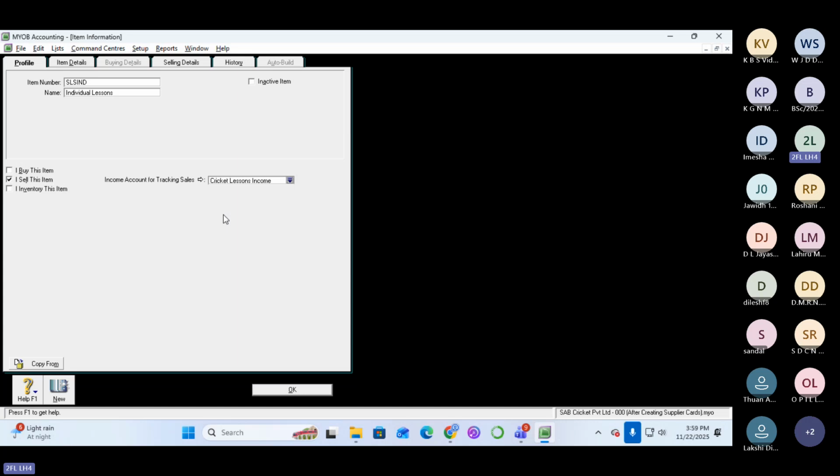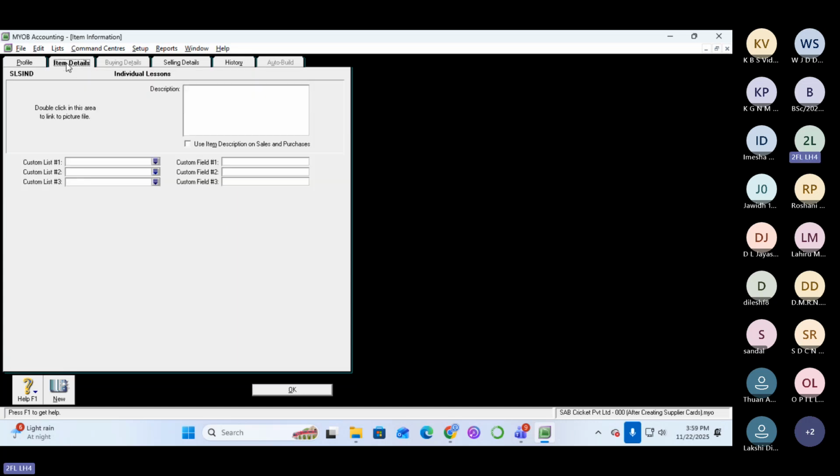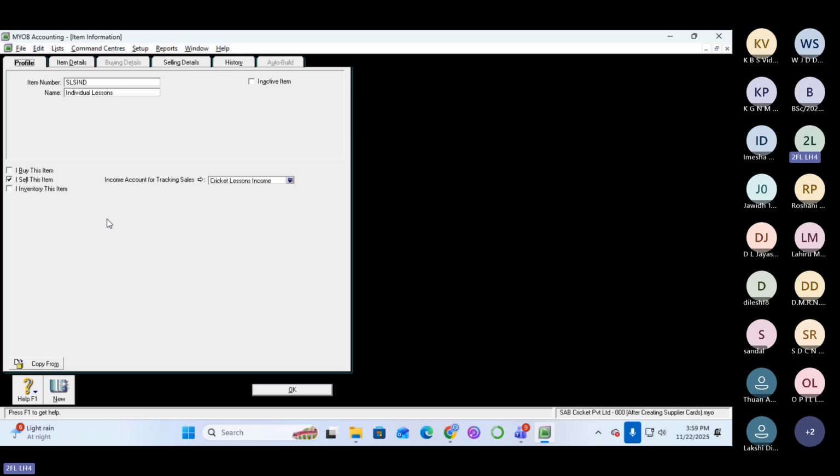Then go to the other tab available. Go to the second tab. Profile details are okay now.